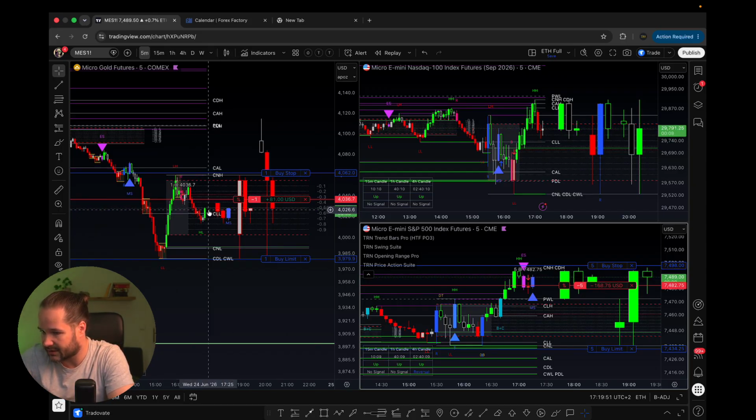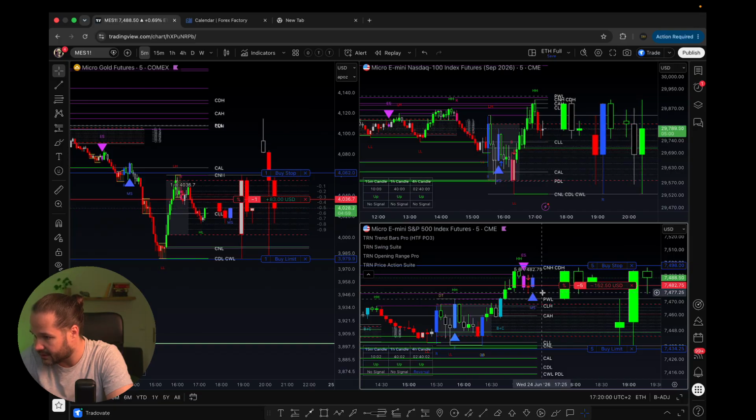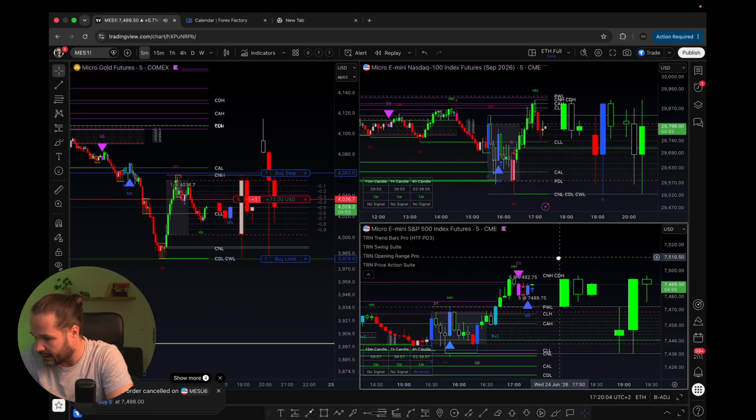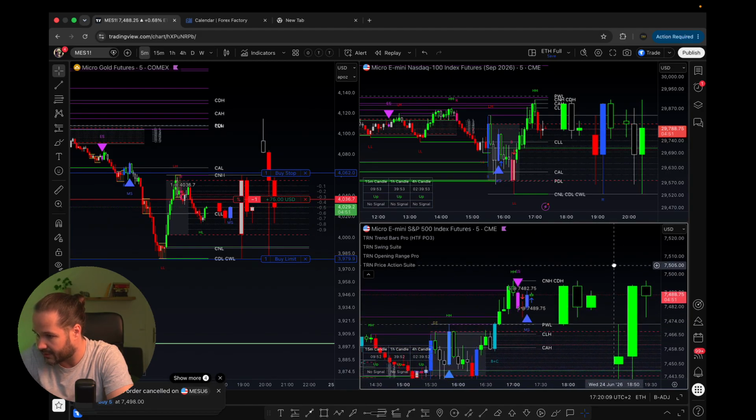Also, gold is making a move, but in the middle of nowhere, so no changes here. But here, it looks like I will have to close this trade. And here it comes. I'm out. And I will enter a long trade from here if I'm fast enough.